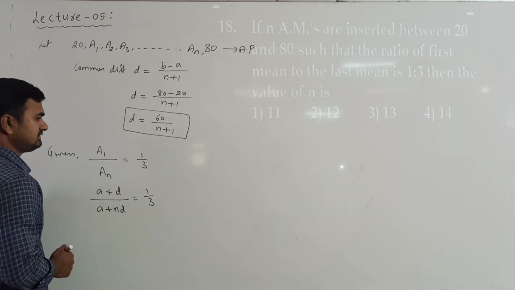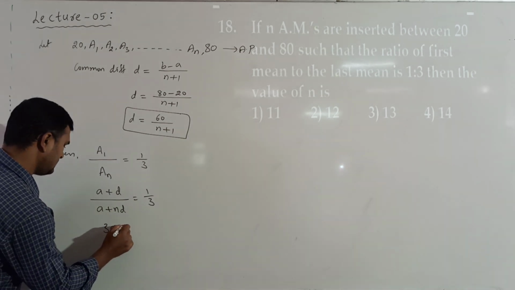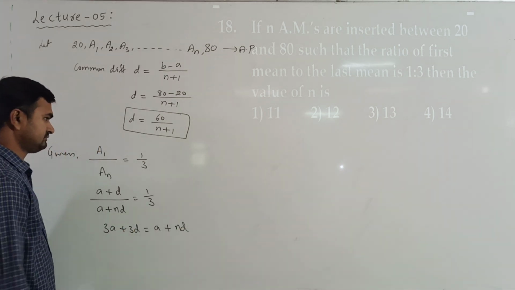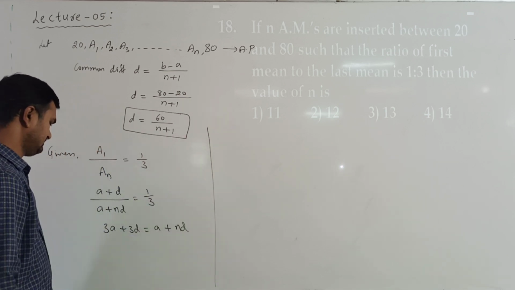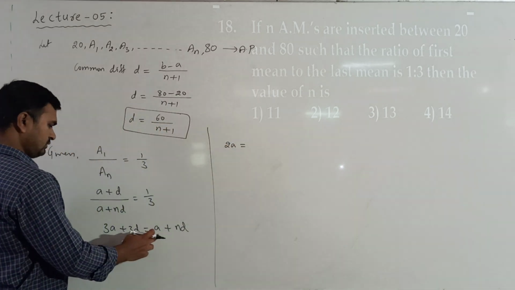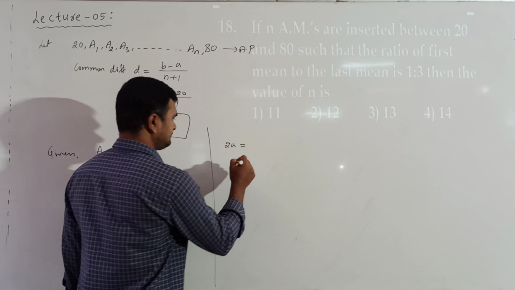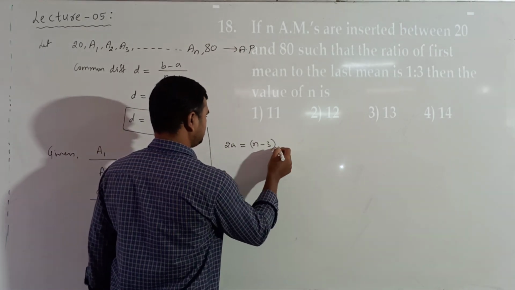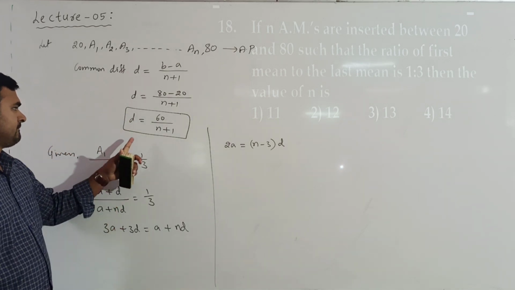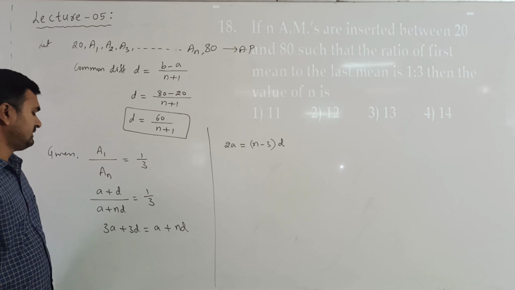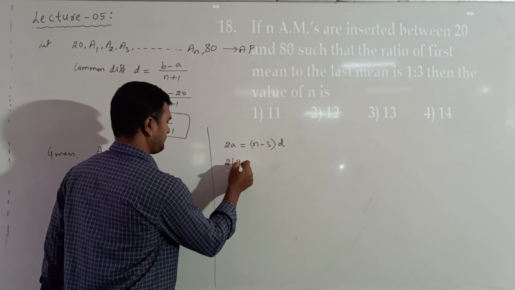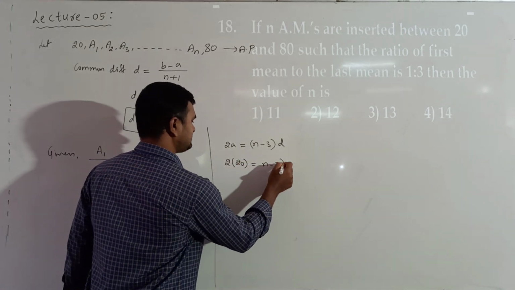So cross multiplying, 3a plus 3d is equal to a plus nd. Solving, 2a is equal to n minus 3 into d. Now here a is 20, so I substitute a as 20: 40 is equal to n minus 3 into d.